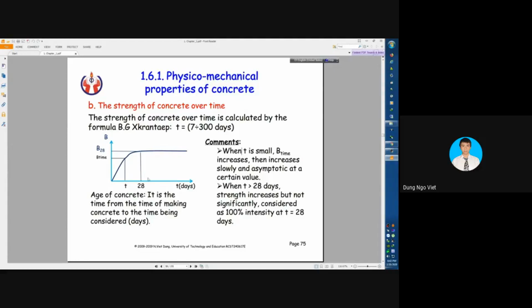And when t is over 28 days, the strength increases but not significantly, and we can consider B at 28 days as 100% intensity. At this point, you can consider this value the 100% intensity.